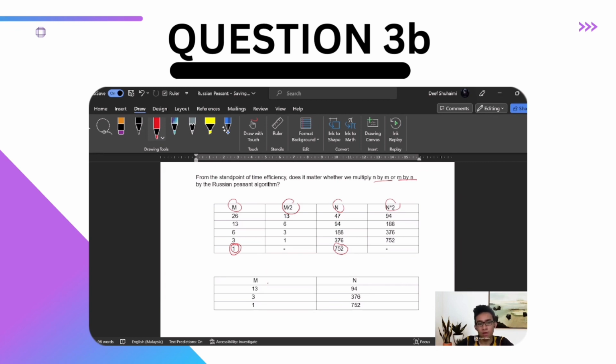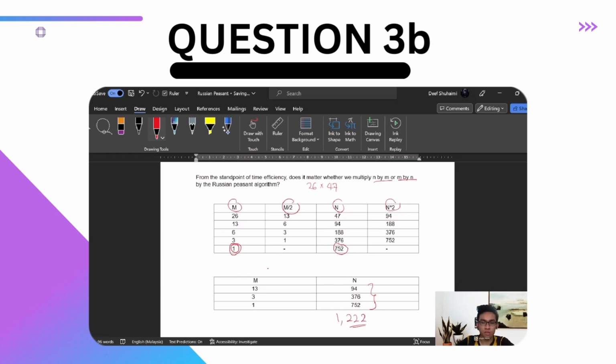So when we find the odd numbers, we need to sum all the n values that correspond to the m values that are odd. The previous question managed to get the sum of the n values, which is 1222. When we multiply 26 by 47 using our normal calculation, we still get the result 1222.